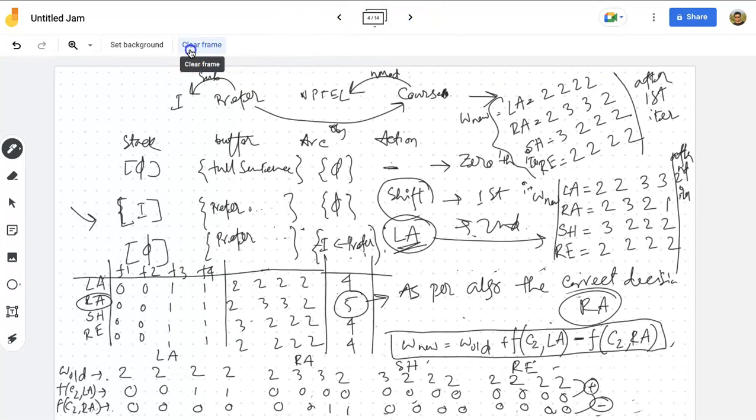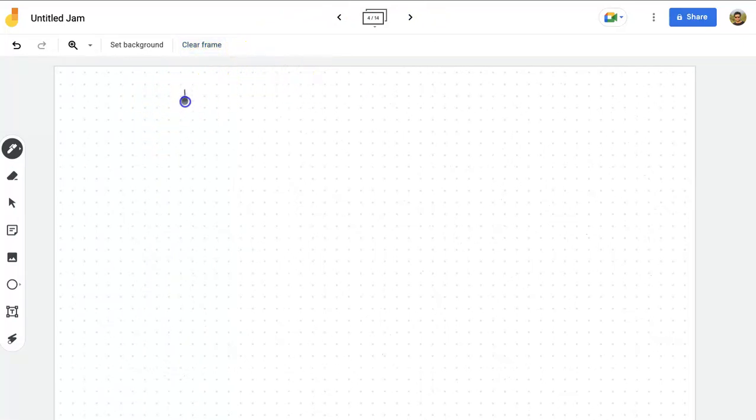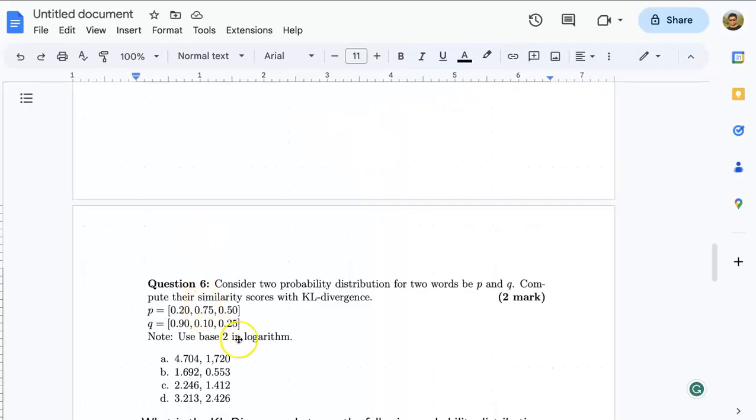So they are asking to solve the KL divergence, this is how we write the divergence for P and Q. But the thing is that the divergence of P and Q is not necessarily the same as that of Q and P. That's why they are giving two values.